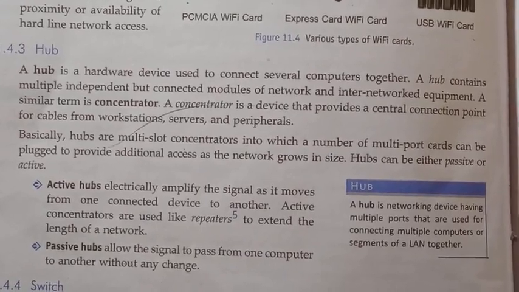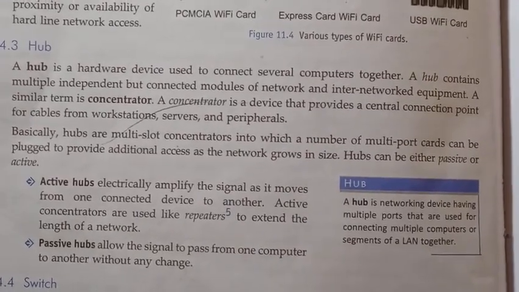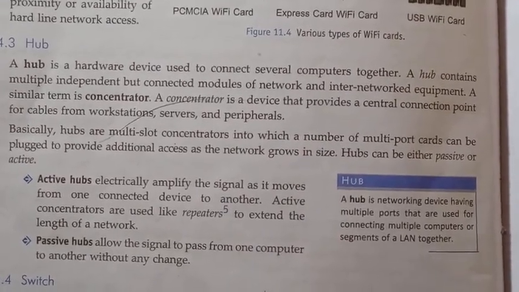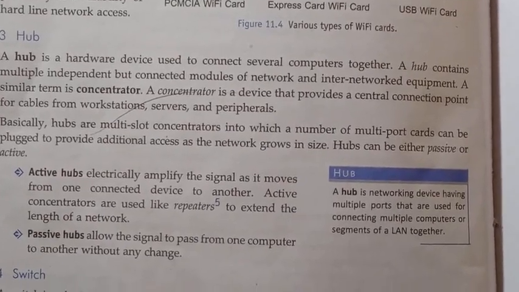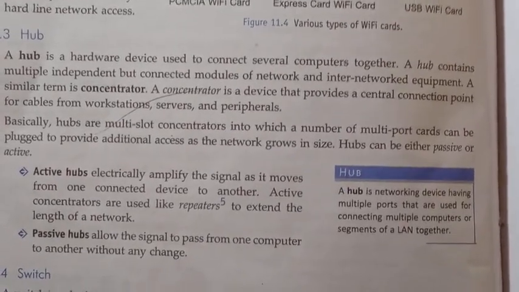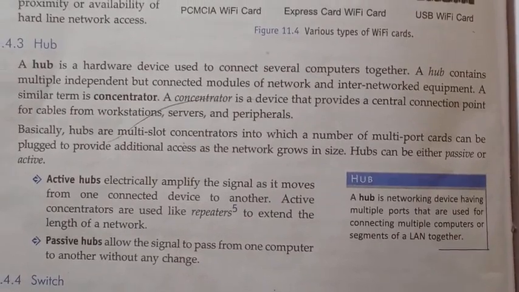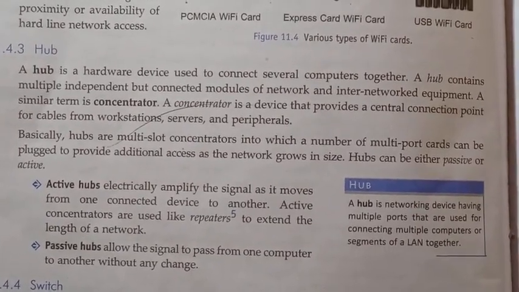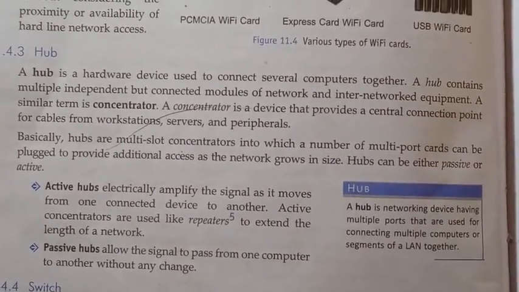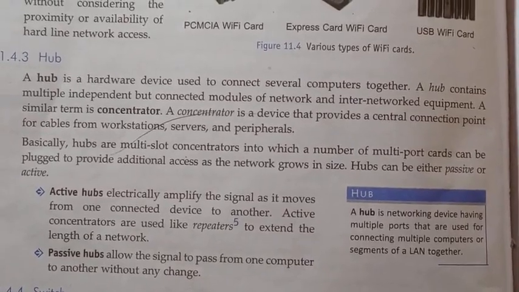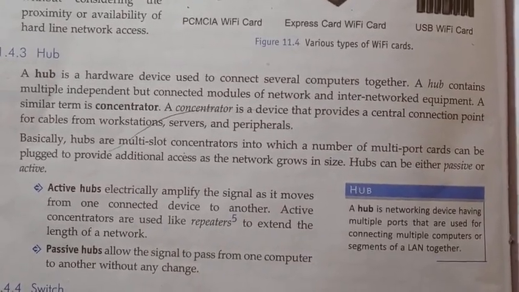A concentrator is a device that provides a central connection point for the cables from workstations, servers and other peripherals. So in a network containing too many devices, a concentrator is nothing but a connection point. All the devices are connected to it.